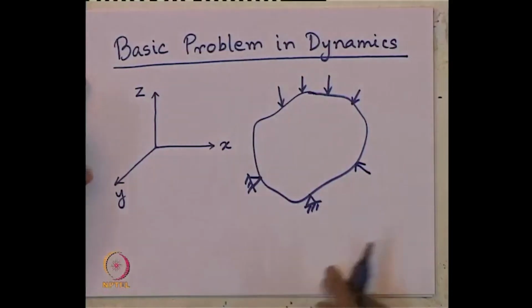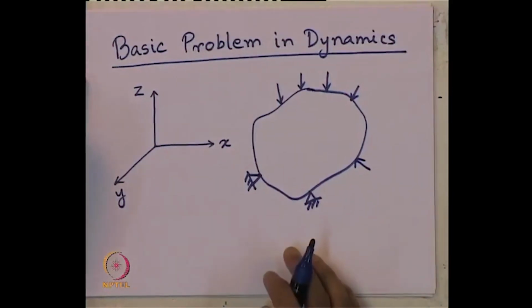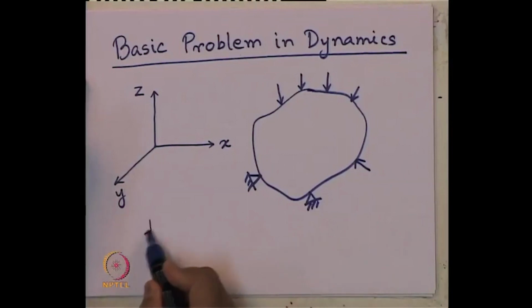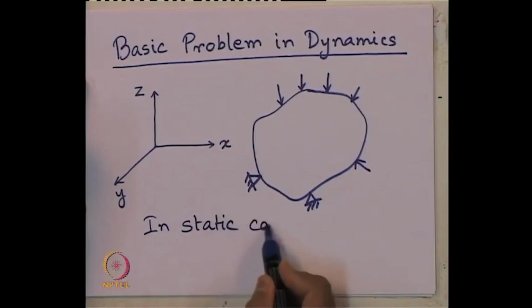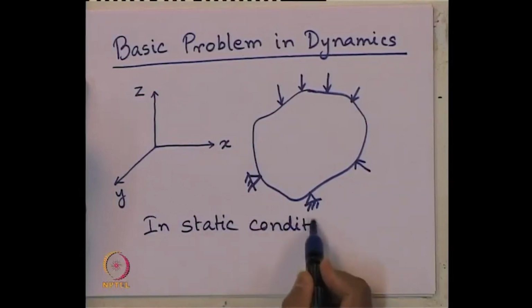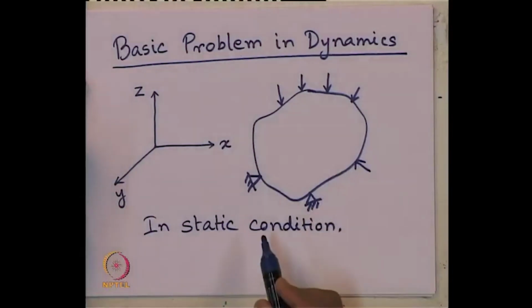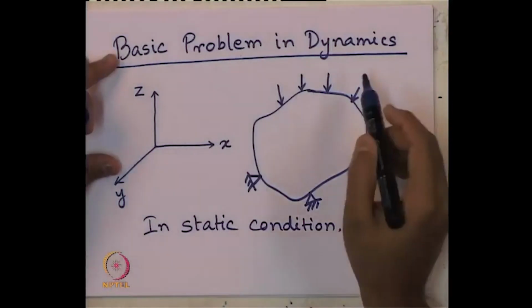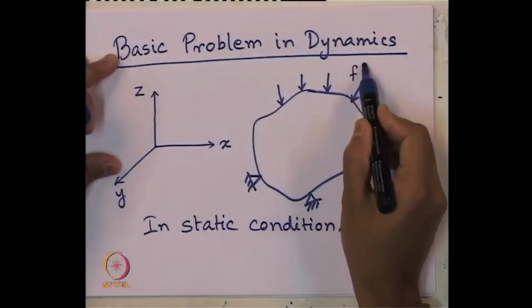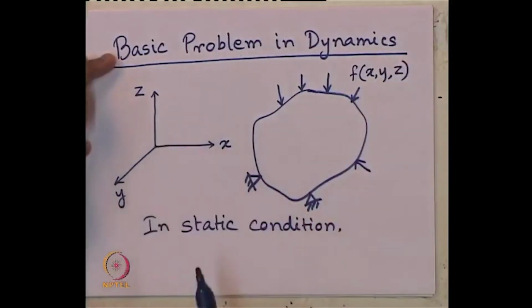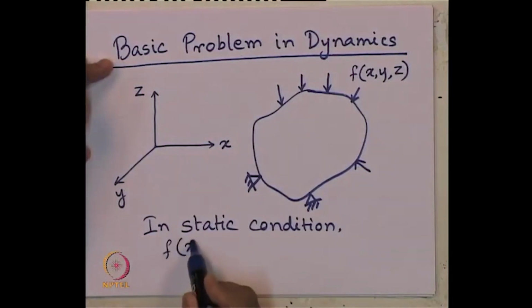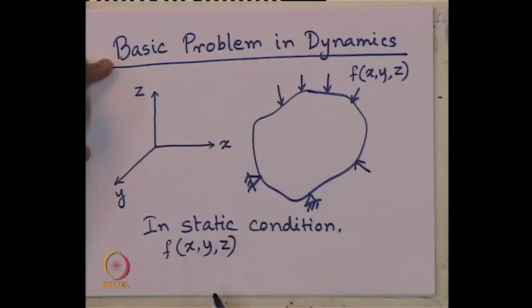In the static condition, whatever loads are applied to the system, suppose these loads are f of x, y, z. So, these are functions of this coordinate system x, y, z. We have the loads in terms of x, y, z.